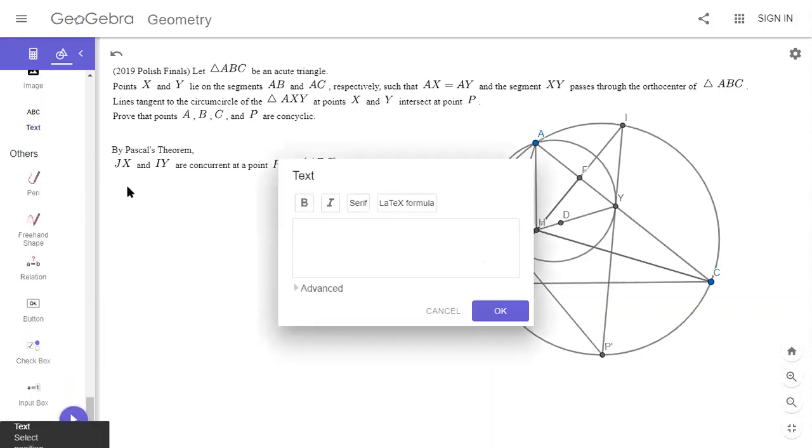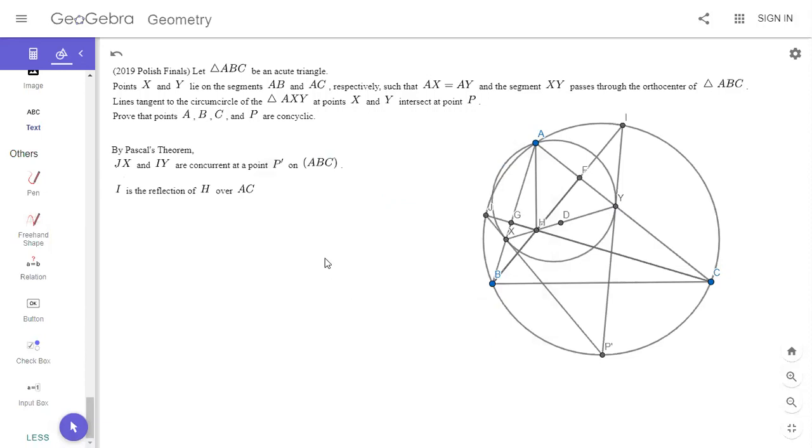Okay, so I is the reflection of H over AC. That's a well-known fact about the orthocenter. So therefore, angle IAC is equal to angle HAC, but hold on just a sec.